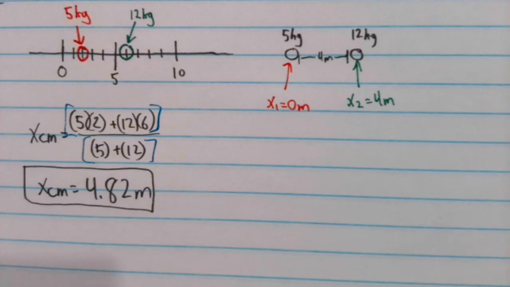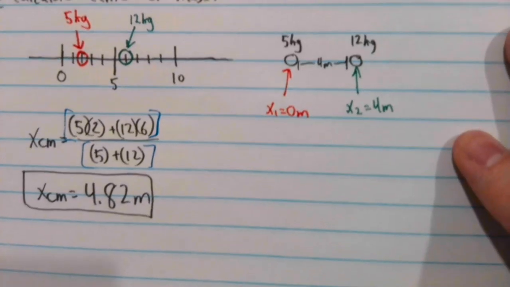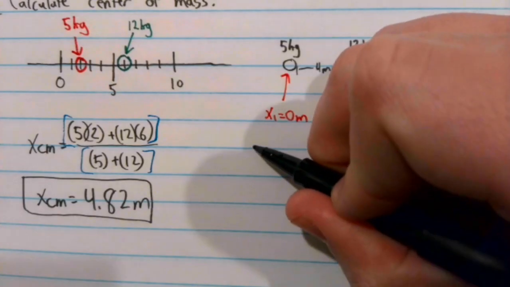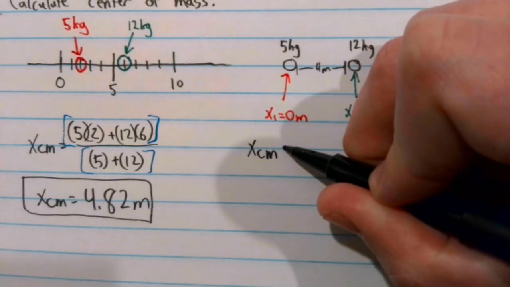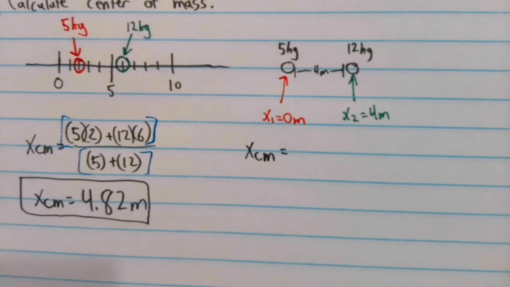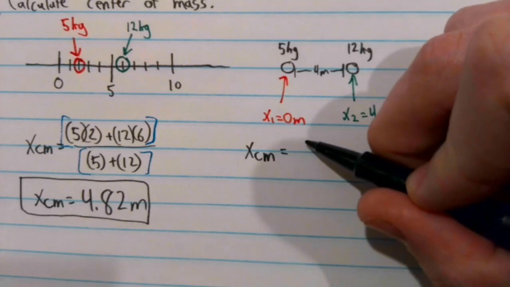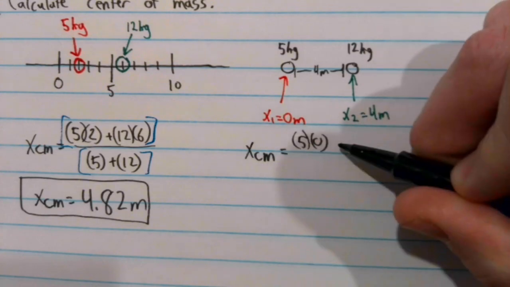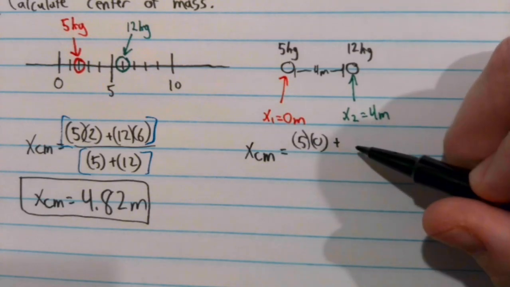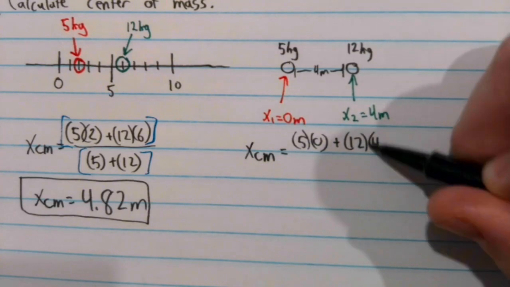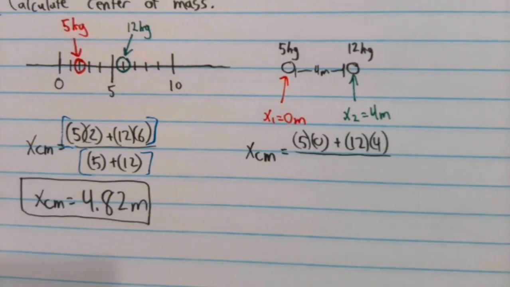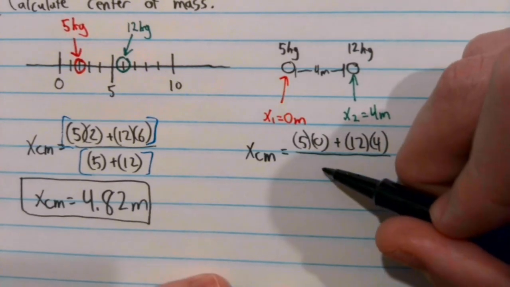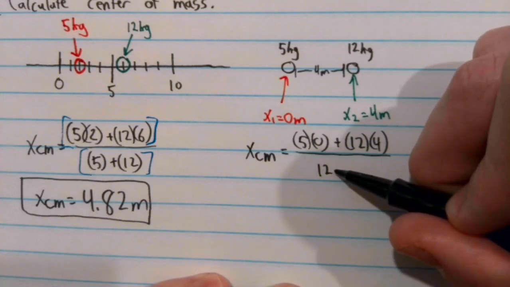Let's go ahead and write this one down as well. We'll skip one of the longer examples that are coming up. So XCM equals, well, it's going to be 5 times 0 plus 12 times 4 over 12 plus 5.